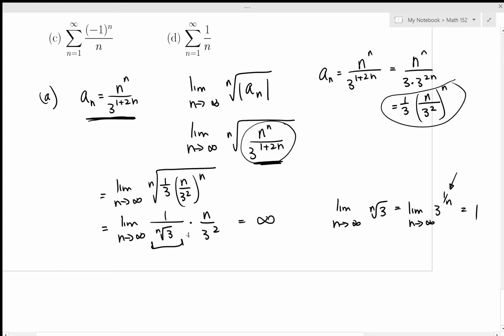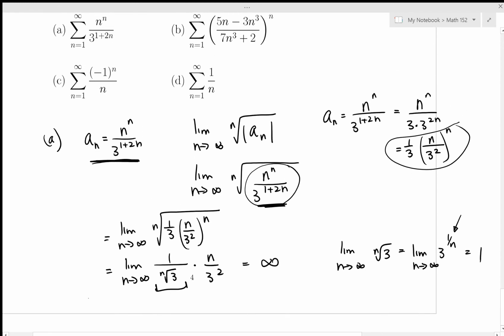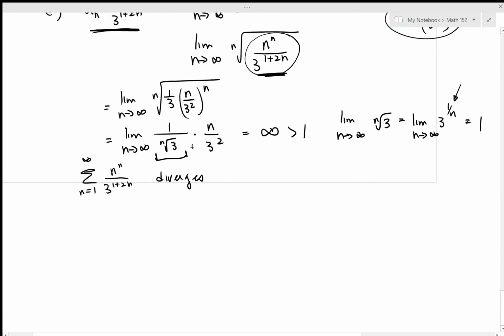So I conclude that this series, the sum from n equals 1 to infinity of n to the n over 3 to the 1 plus 2n, diverges. The limit is greater than 1, so it diverges. If I were writing an exam, I would say this diverges by the root test, just to make it absolutely clear what you were doing.